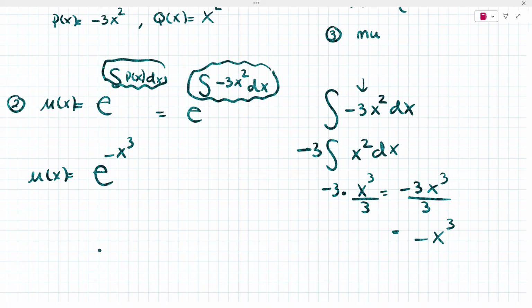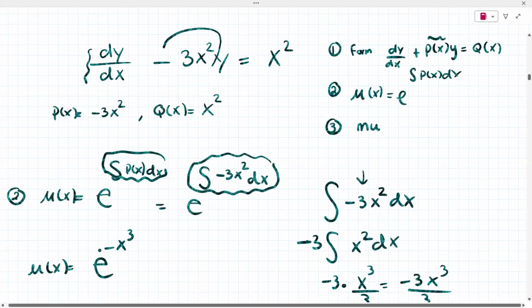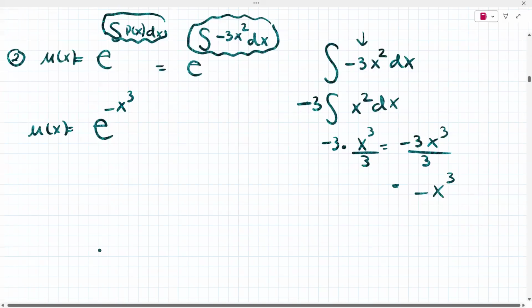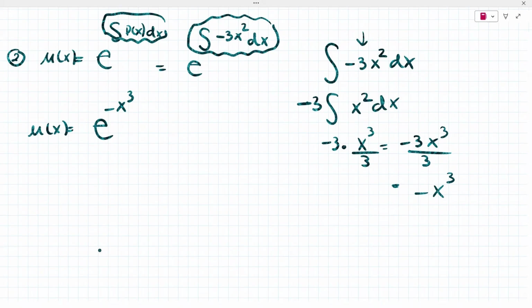Okay, now that we've done step two, step three is multiply everything by mu. Our mu is e to the negative x cubed. So step three, we multiply everything by mu.